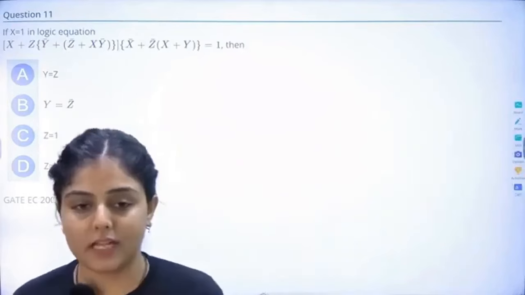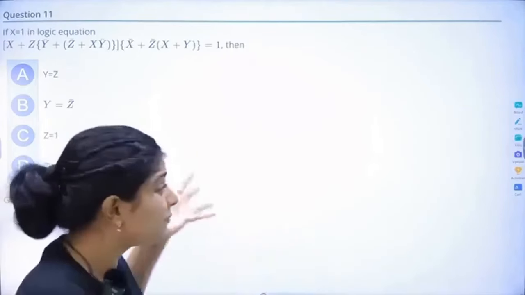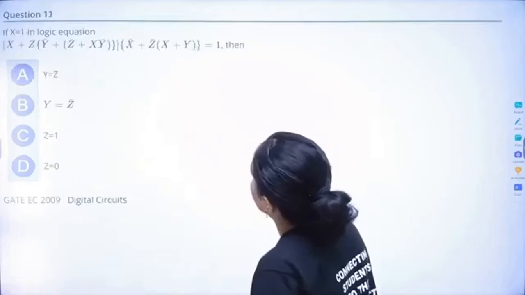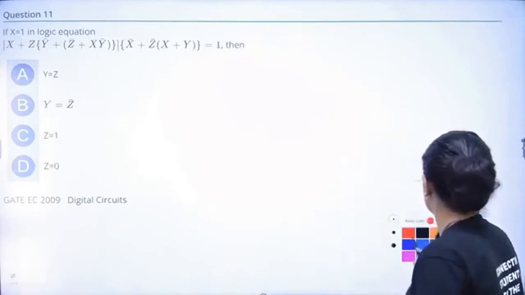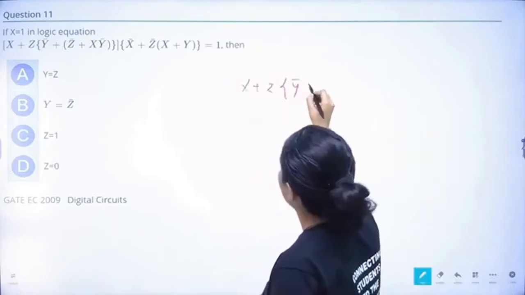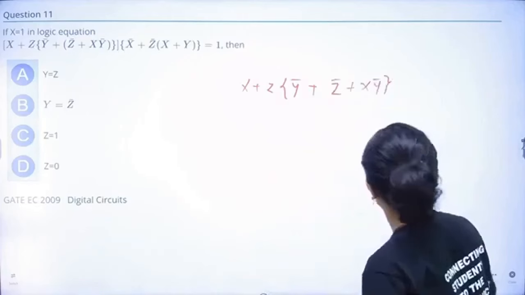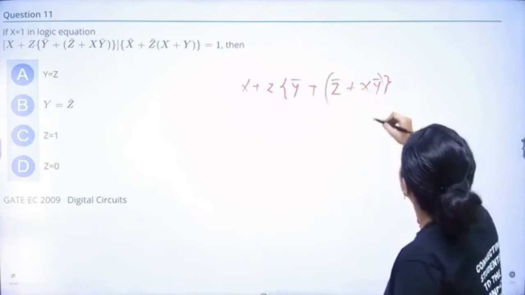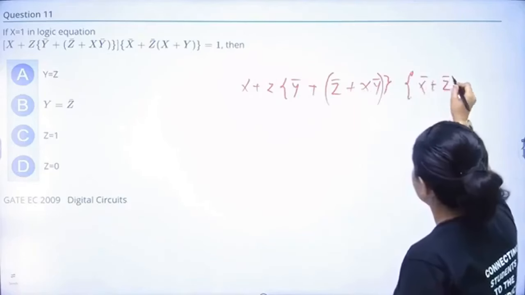You have that big expression, and you have to find out the relation, whatever the option is. The given value is x y bar z bar.